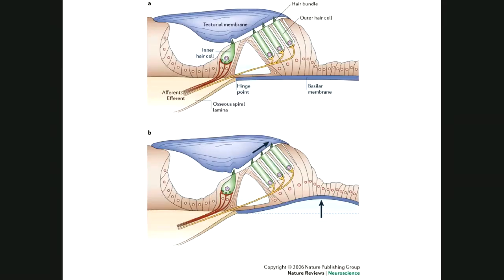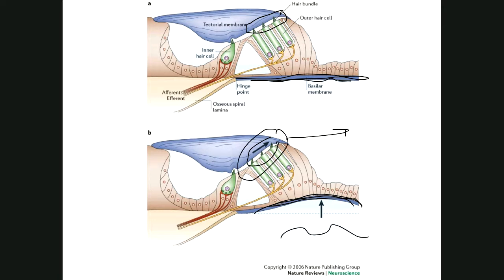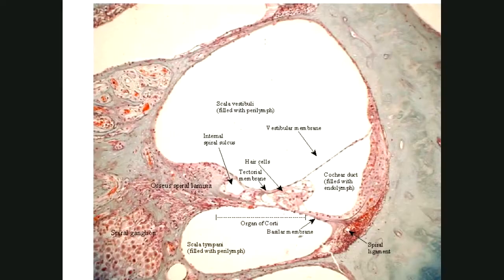So look, not bent, bent. See, it's straight here, not bent. But look, here comes that wave, that wave of the sound. And that's going to make that be bent. So these are going to send action potentials. These, no action potentials. Here's the picture I was going to show you earlier.